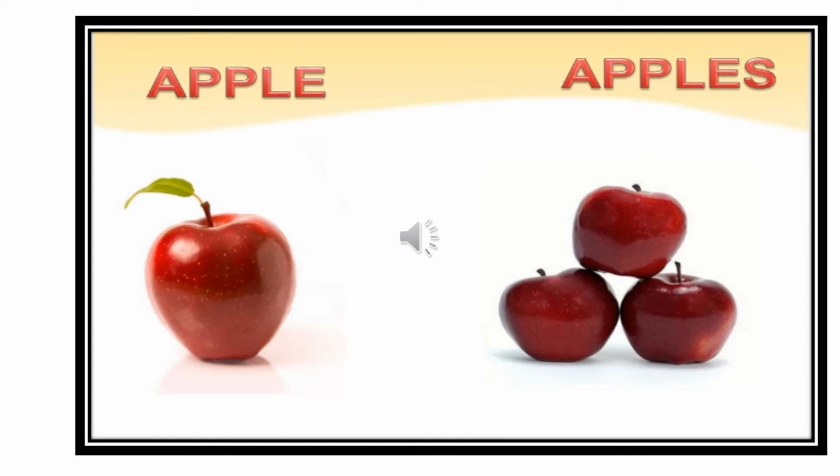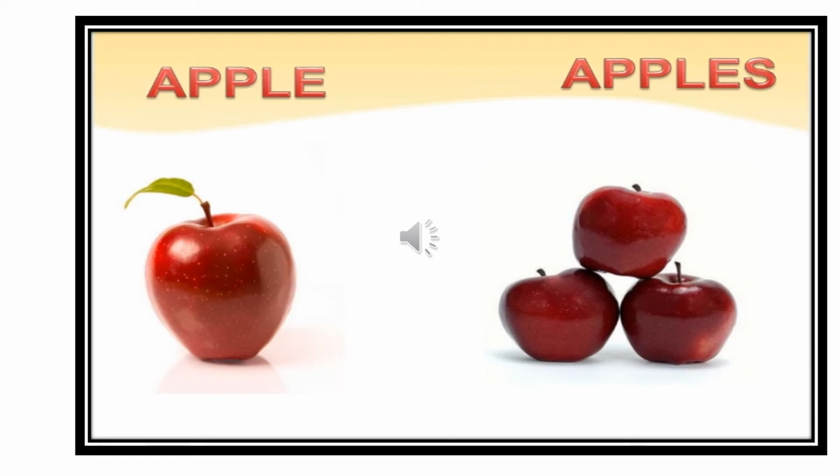Now look at the picture carefully. On the left there is a red, beautiful apple, one apple, while on the right there are three red, beautiful apples. What is the difference between an apple and apples?